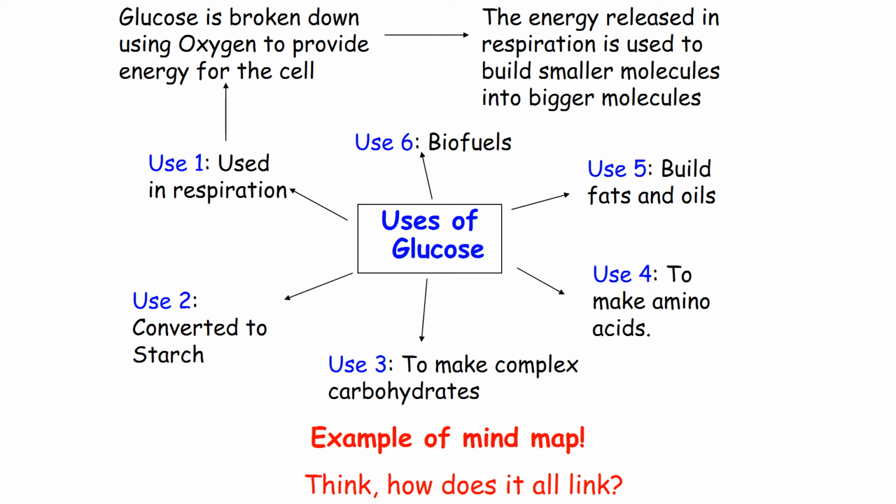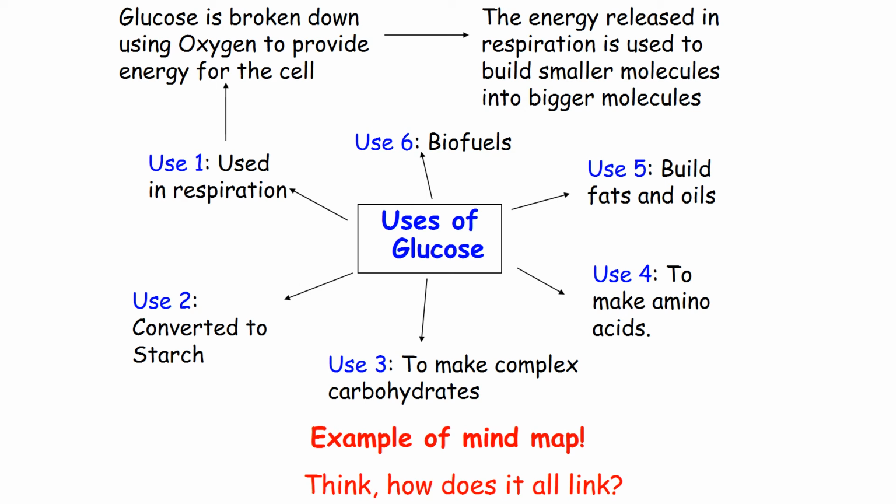So this is my mind map, and in a minute I'm going to ask you to think how all of these link together, and you're going to be creating your own using the information provided. There are 6 fundamental uses of glucose, and I've tried to link them together here in my mind map so that you can see how they are linked together.